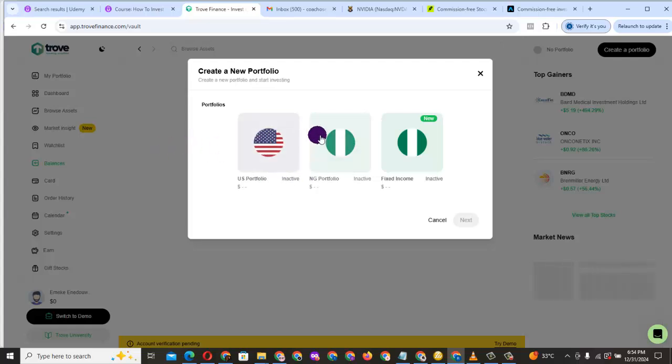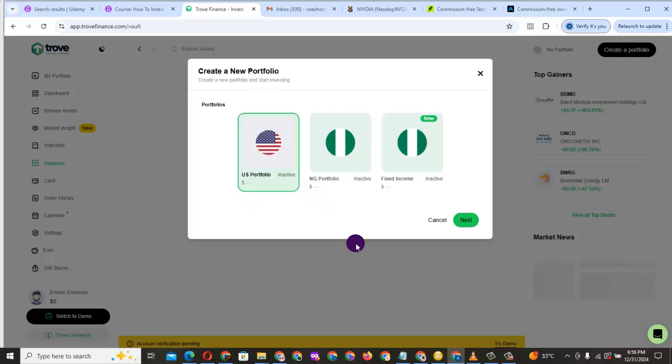For those in Ghana, it will show Ghana cedis. For those in Australia, it will show your own country. The US is the same. Those in Cameroon, those in Ivory Coast, any part of the world you are in, it will definitely show your country's currency.